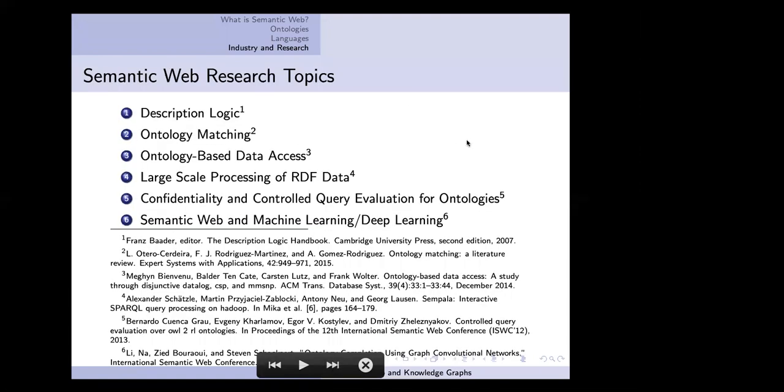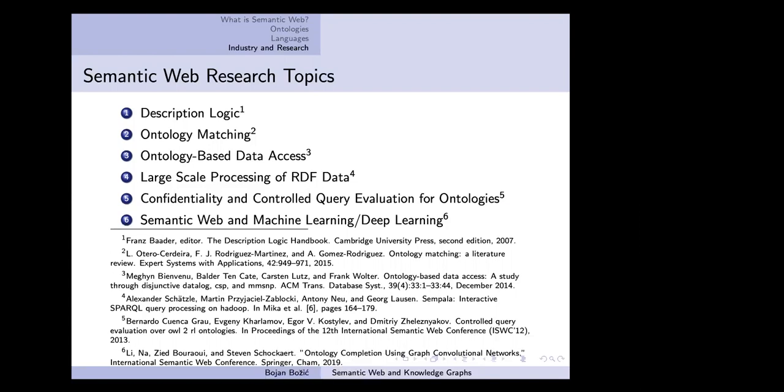On the research side, we are also working on new description logic because we want logic that we can reason with, that's complete, that is very efficient, especially in terms of the scalability that we have nowadays. We're trying to work on ontology matching in order to connect different ontologies from different domains, for example, but also data access, especially when we have large-scale processing of RDF data.